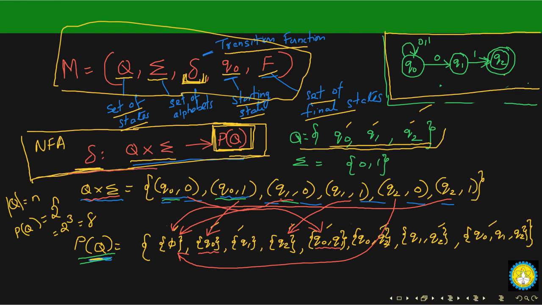This is the elegance of mathematics. Whatever we have told in the earlier video is just expressed in these two statements. If you give these two statements, the entire idea of NFA is clarified. For a mathematician, only these two statements are required to understand what is an NFA.